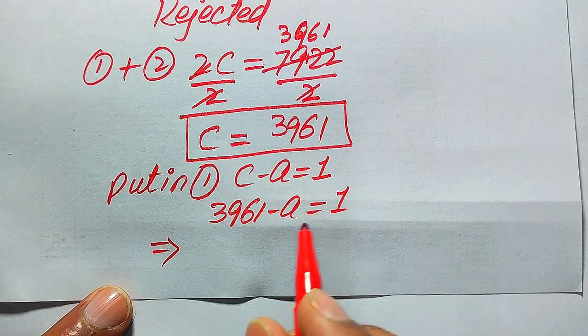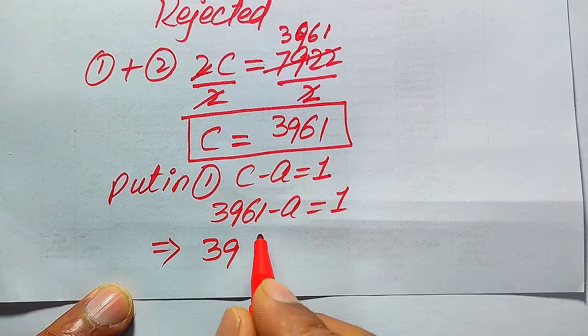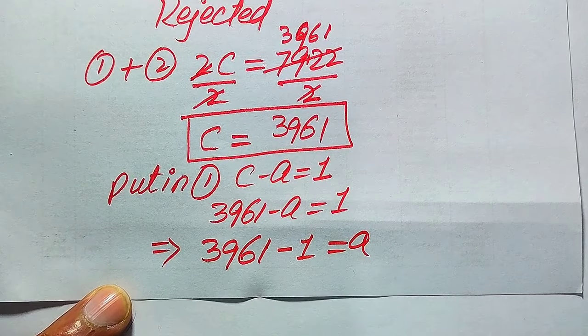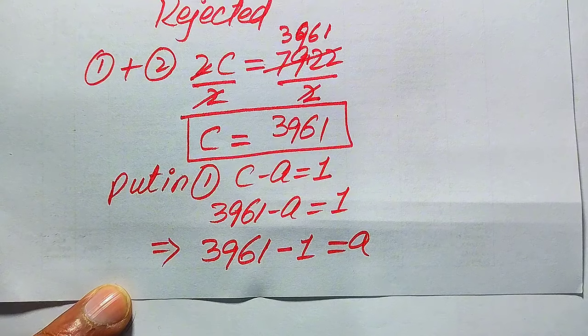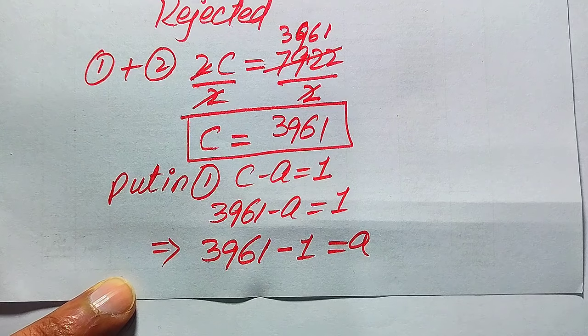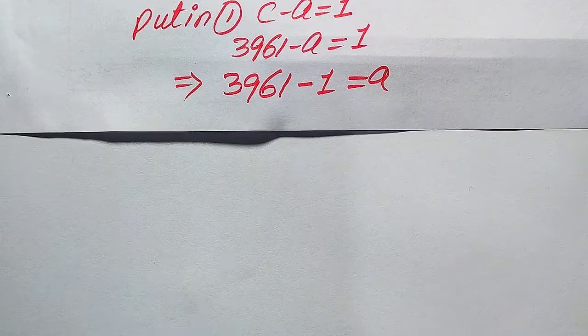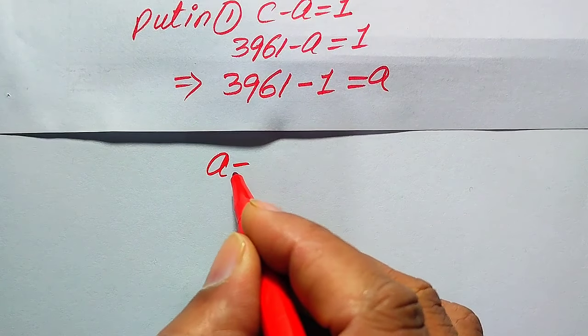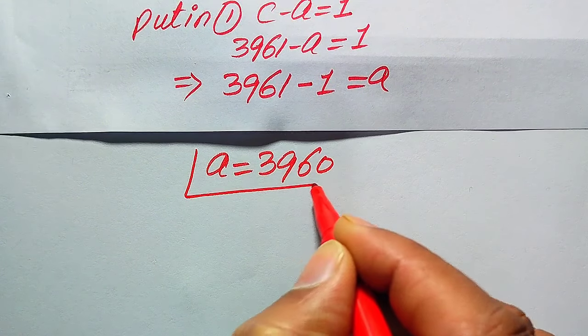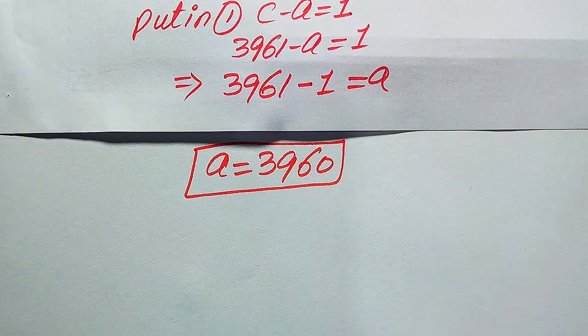We move this minus A to the right hand side, and it becomes 3,961 minus 1 equals A. So we get the value of A equals 3,960.